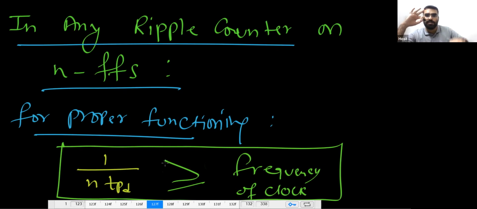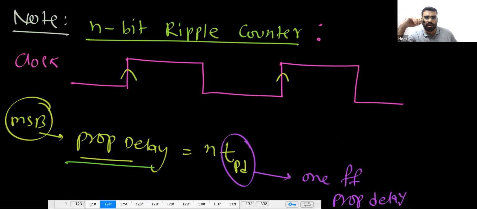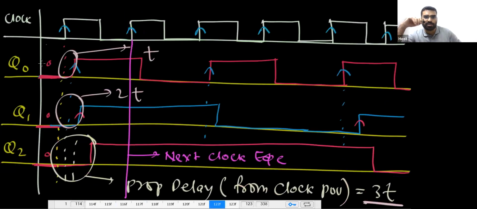What is happening? Because of propagation delay, it is increasing continuously. Can you notice? Like here you have three flip-flops, and you can notice here you have T, here you have 2T, here you have 3T. So the propagation delay is continuously increasing.